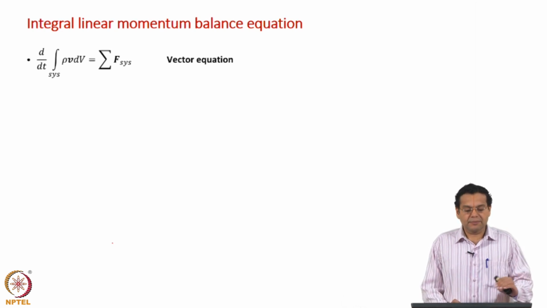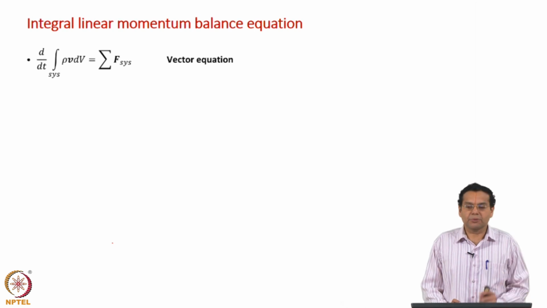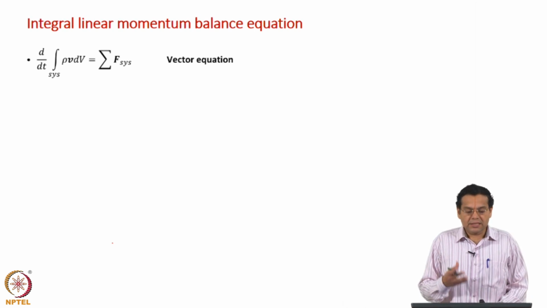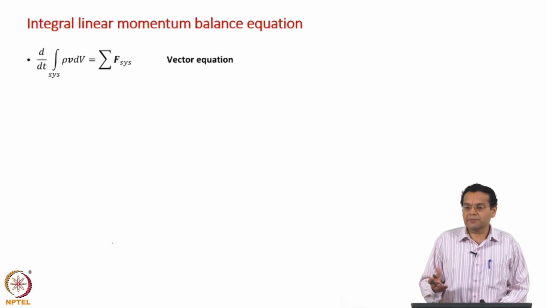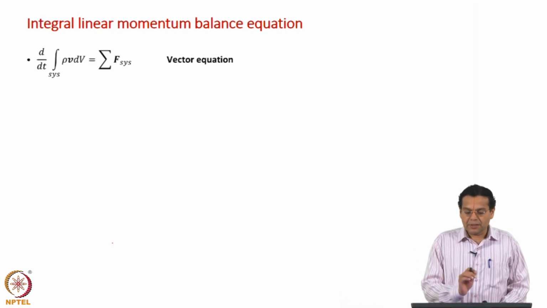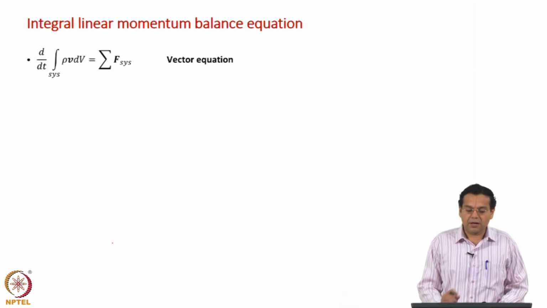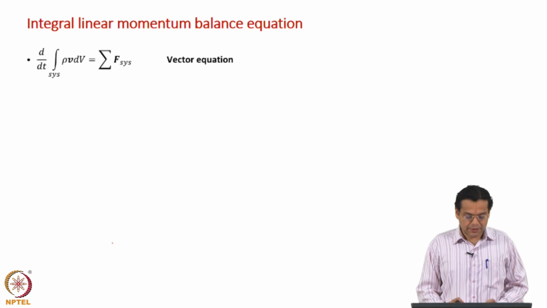We have seen a similar law of physics for total mass balance, that was a scalar equation. We are going to come across similar laws of physics for energy balance and species balance, all of those are scalar equations. This law of physics for momentum is a vectorial equation, and that has to be kept in mind.